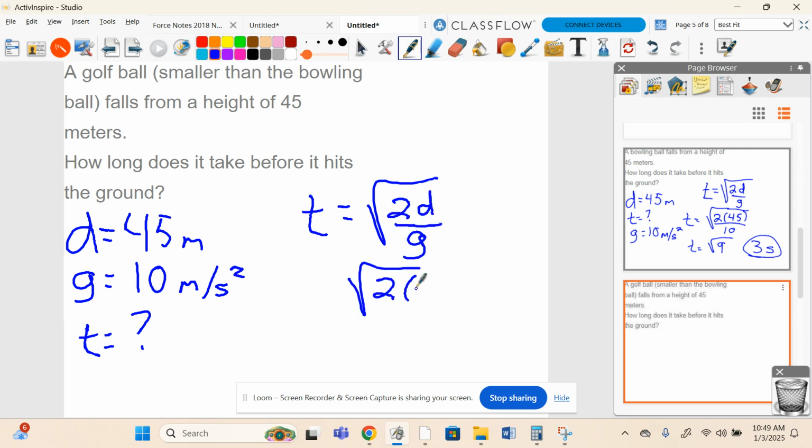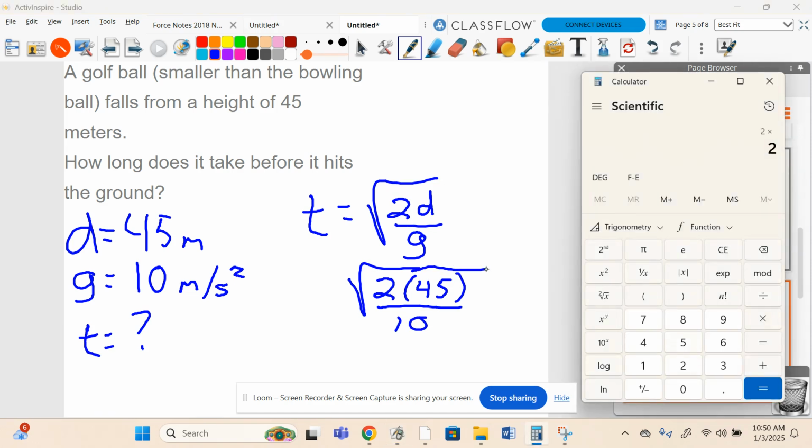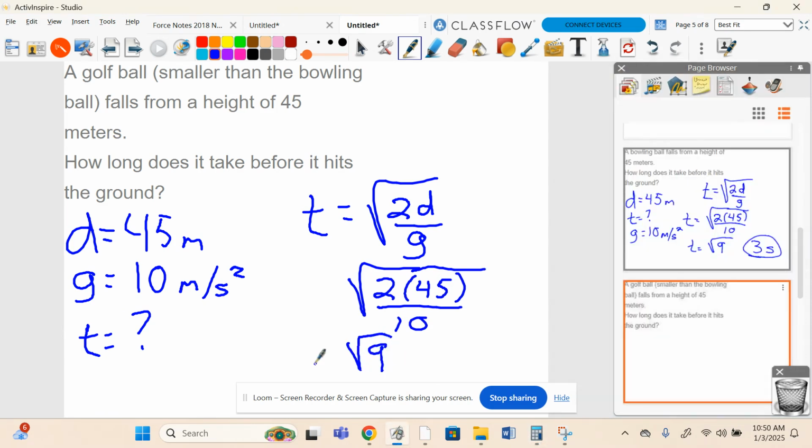Square root of 2 times 45, divided by 10. Again, I do this in the calculator. I want to take the square root of 9, which, guess what? That was the same number we just had. The time is still 3 seconds.